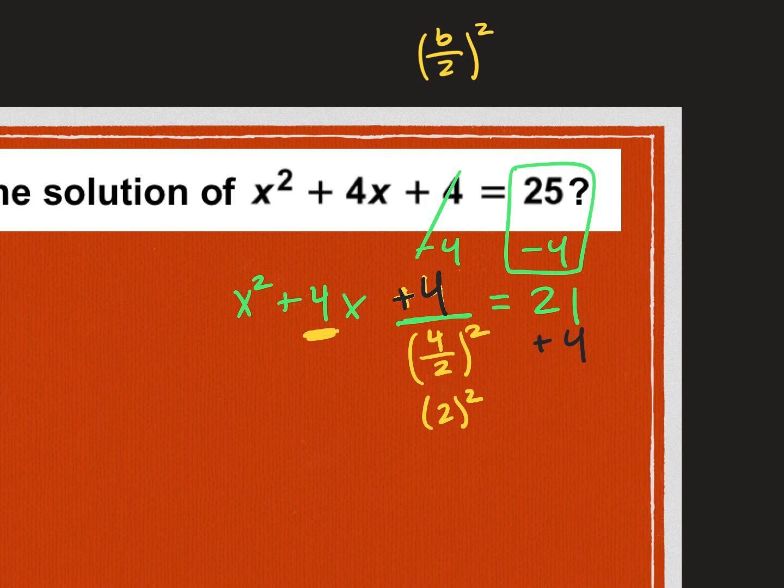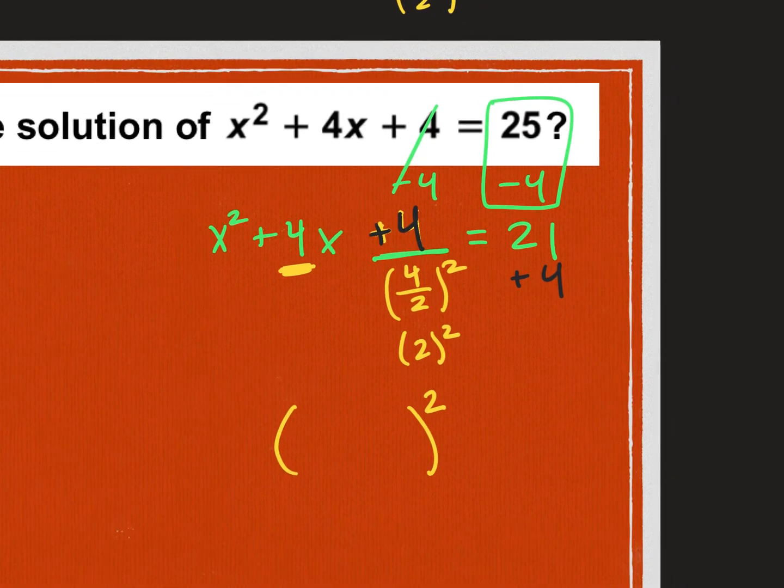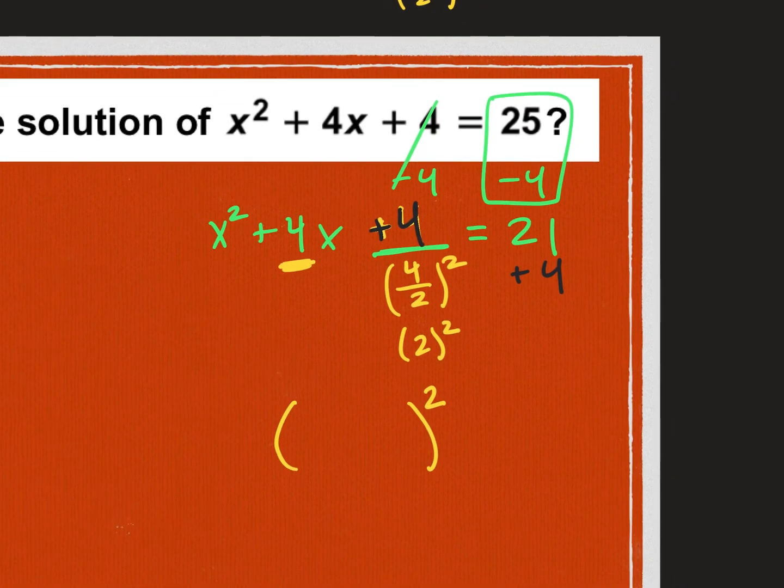All right, so the point of completing the square is so we have a perfect square binomial here. So it's going to be parentheses squared. What goes into those parentheses is whatever's squared here and whatever's squared here. So the x and the 2.